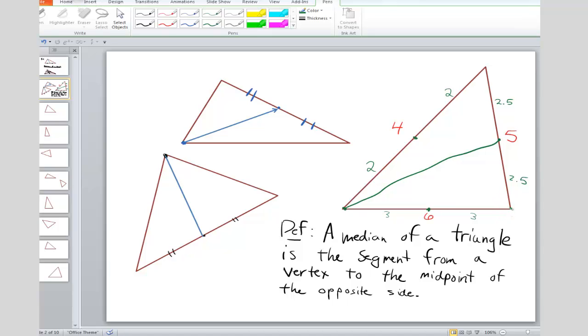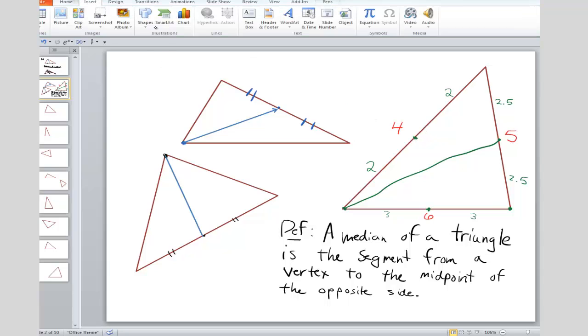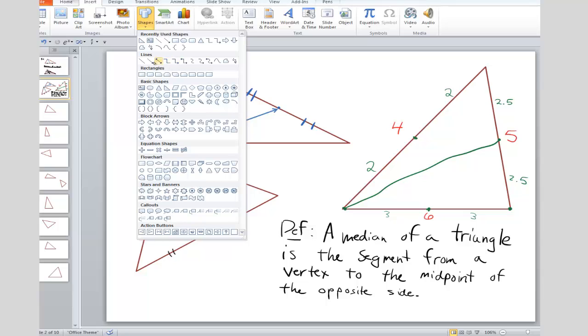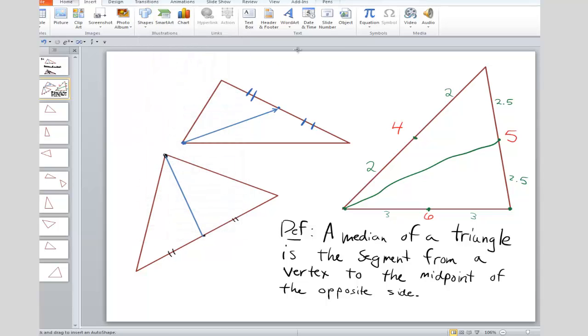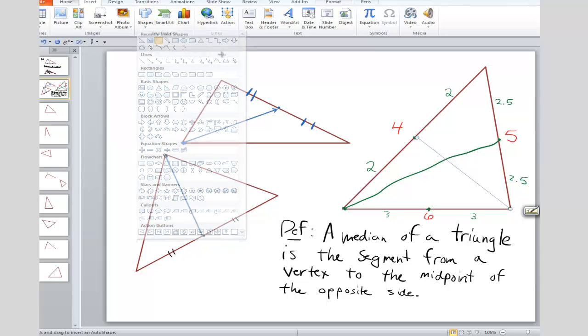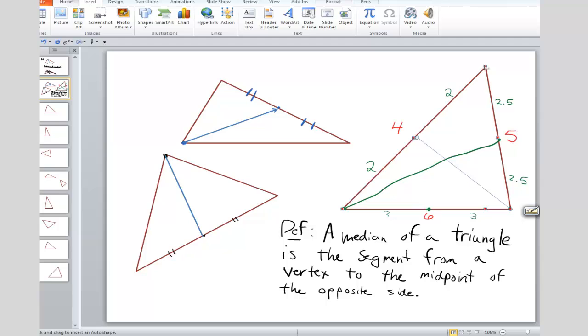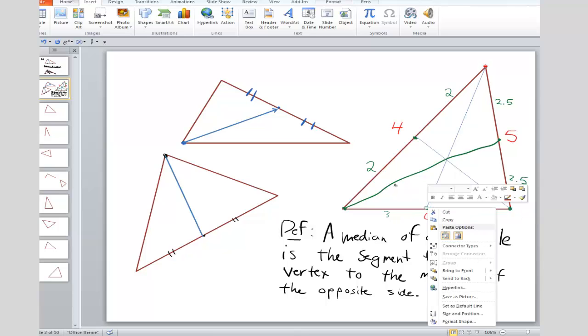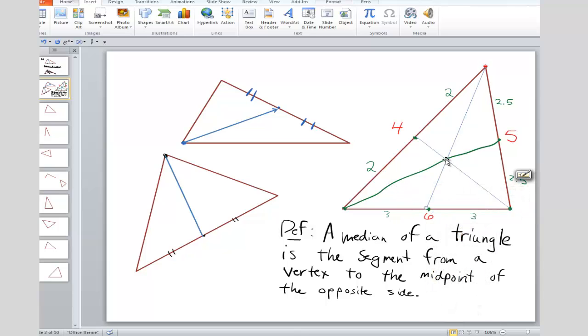This vertex would have a midpoint over here. So I'm going to go ahead and insert a line rather than make you suffer my poor drawing skills. There we go. And lastly, from the top vertex up here all the way down to that value. Alright. And you notice they cross in the middle.